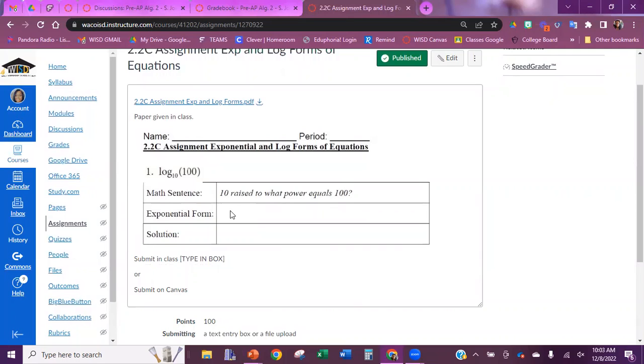It's saying 10 raised to what power equals 100. Okay. What is your exponential form? Well, the exponential form would be what? How would I write that as an exponent? 10 to the x equals 100. What is my solution? 2. Okay. That's what you're expected to do on that handout.